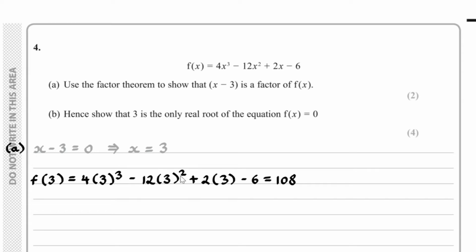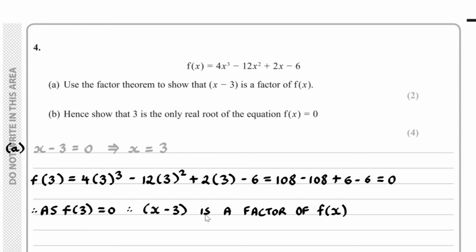Minus 12 times by 9, that's minus 108. And then we have 6 minus the 6. The result of all this is equal to 0. And so we can conclude, as f of 3 is equal to 0, x minus 3 is a factor of f of x.